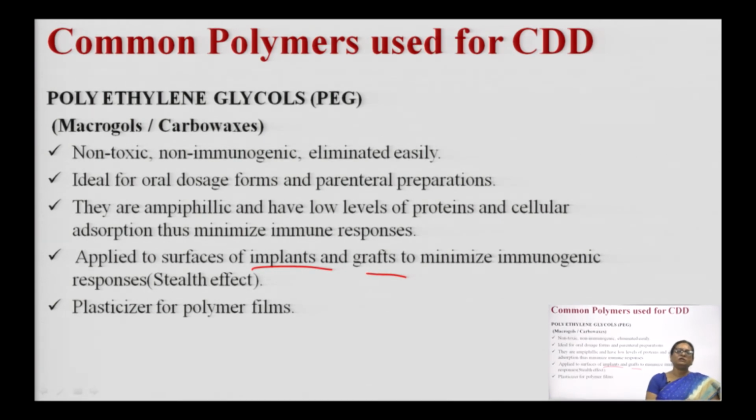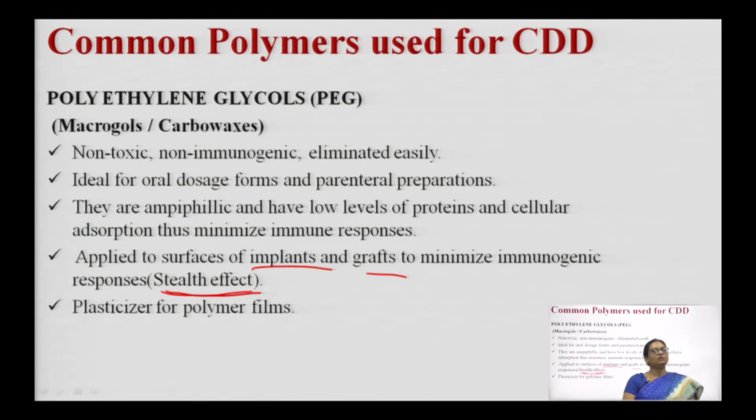So, the immunogenic response of these implants and grafts is also less, and this particular effect is called the stealth effect. So, polyethylene glycol has been used in designing implants and grafts for its stealth effect.